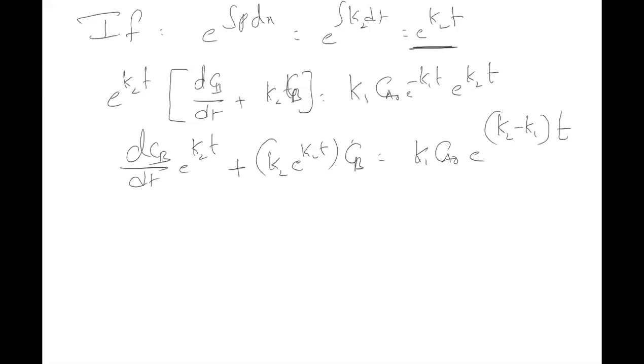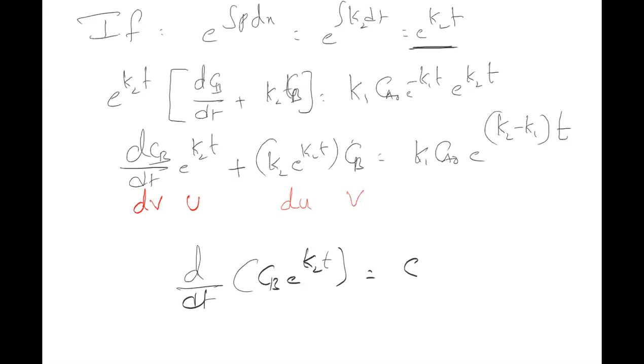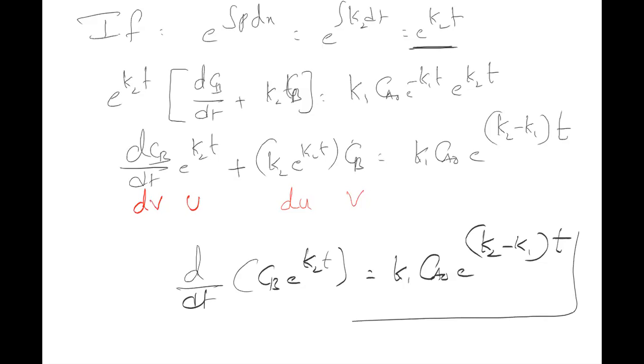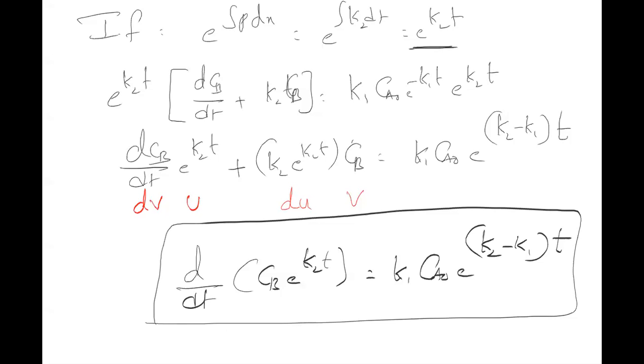So how do you solve this equation? This is dV, this is U, this is du, this is V. So what you write is d by dt of CB into e power k2t is equal to K1 CA naught into e power (K2 minus K1) into T. This is the equation right up to this point.